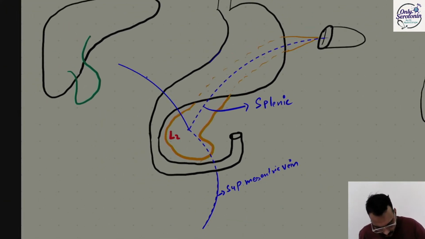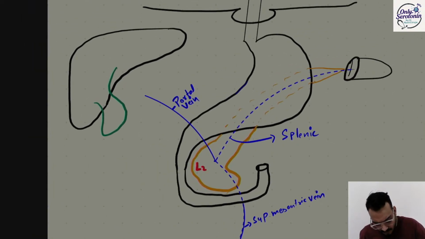And this is your portal vein. This portal vein is going to the liver for the detoxification of your blood. This is known as the left hepatic vein and right hepatic vein. This right hepatic vein will have the cystic vein also.